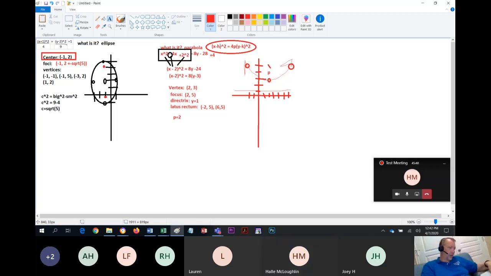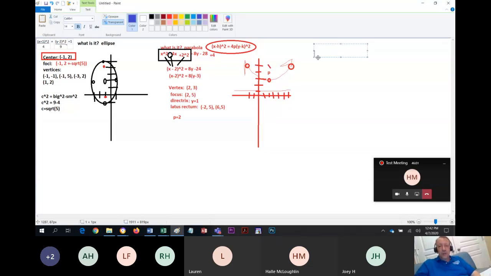Let's say that I just give you an equation here. Let's go with blue. The equation, maybe I'll do it this way: 9x squared minus 72x. Here, I'm going to put a gap here.